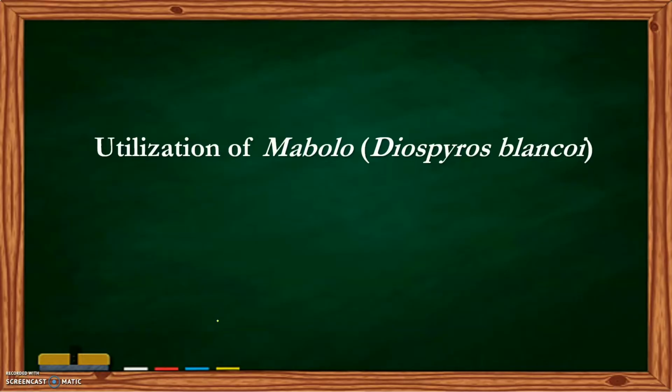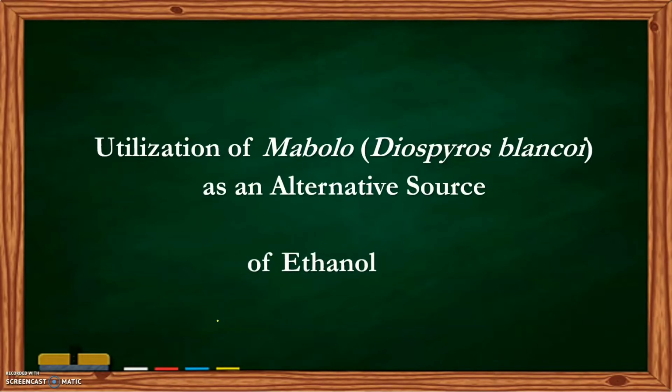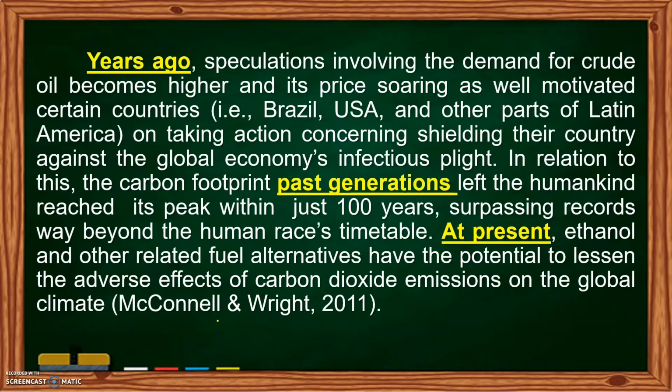Okay, once again, for the utilization of mabolo as an alternative source of ethanol. So this is their second paragraph of their background of the study. Years ago, speculations involving the demand for crude oil becomes higher and its price soaring as well motivated certain countries, example Brazil, USA, and other parts of Latin America, on taking action concerning shielding their country against the global economy's infectious plight.